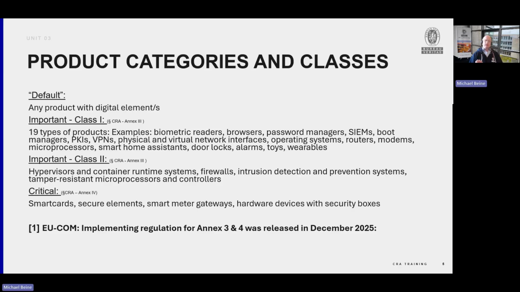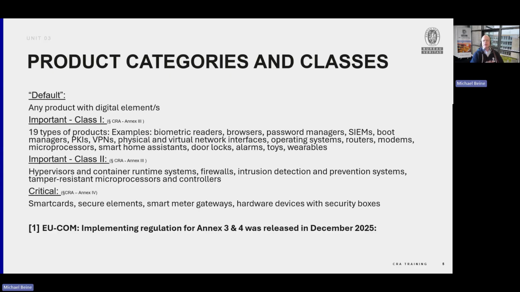And here I want to explain another important aspect about this classification or categorization. It relates to the key purpose of the device. So it does not mean if you have a network interface with your device, you are immediately class 1, because then almost everything would be class 1. No, it is only for those products which are the network interface. For example, the radio module with the Wi-Fi or Bluetooth.